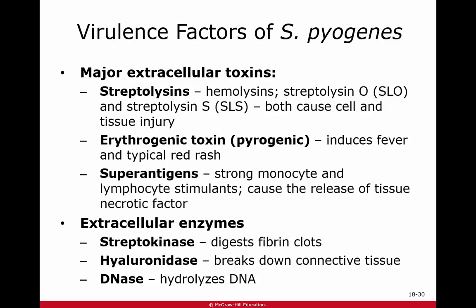And then there's the superantigens that stimulate monocytes and lymphocytes and cause the release of tissue necrotic factor. The extracellular enzymes, you've got streptokinase to digest fibrin clots, hyaluronidase to break down connective tissue, and DNase that hydrolyzes DNA.